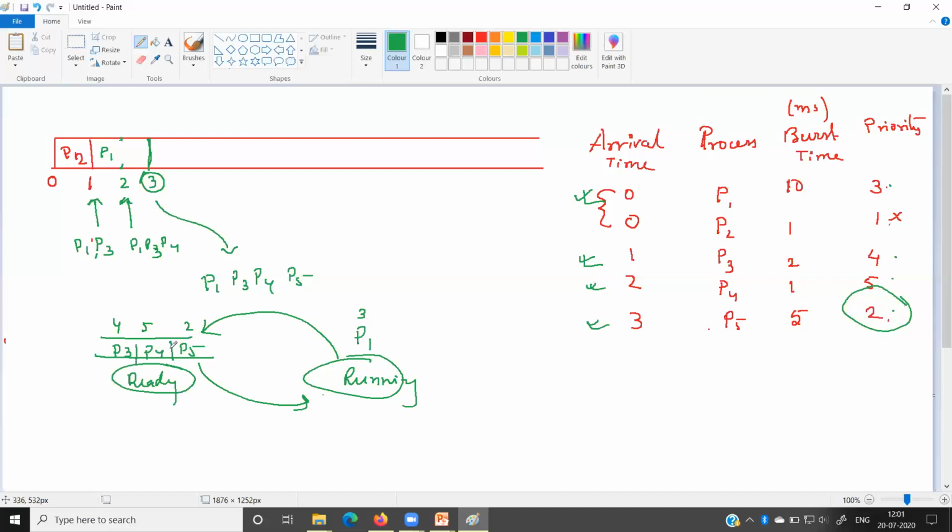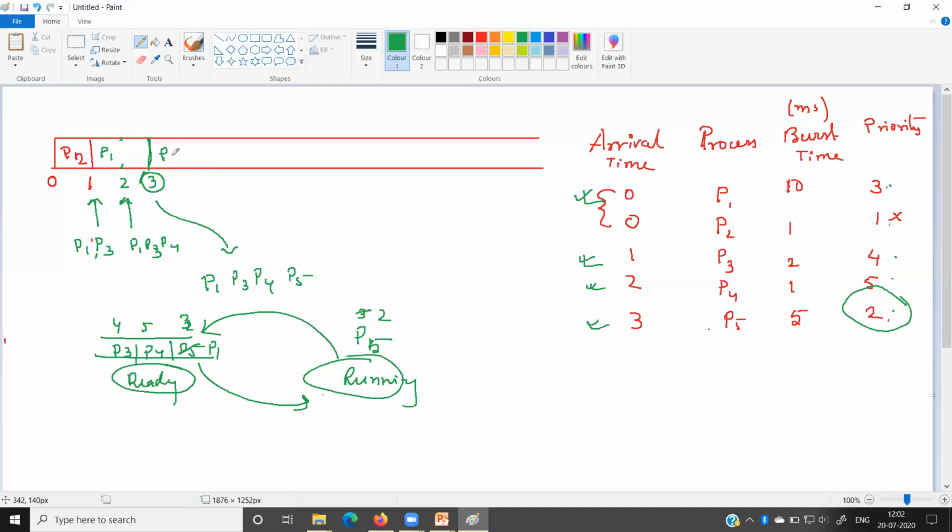P1 will be inserted in the ready queue, and P5 will be assigned to the running state. Its priority is 2 and the priority of P1 is 3. So after time 3, P5 will start its execution and P1 will be sent back to the ready queue.